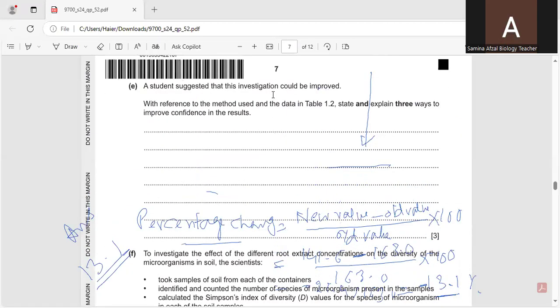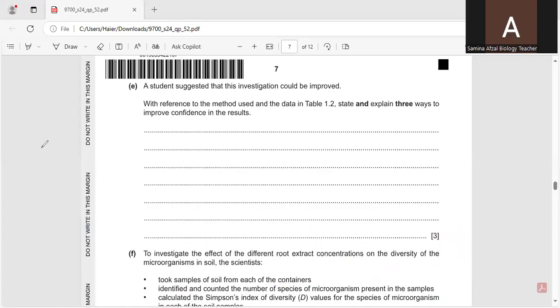Next question. A student suggested that this investigation could be improved with reference to the method used and the data in table 1.2. State and explain three ways to improve results.